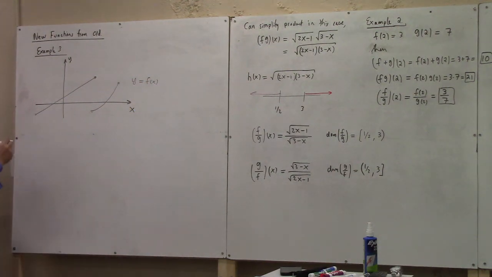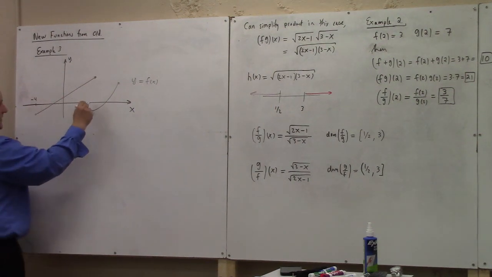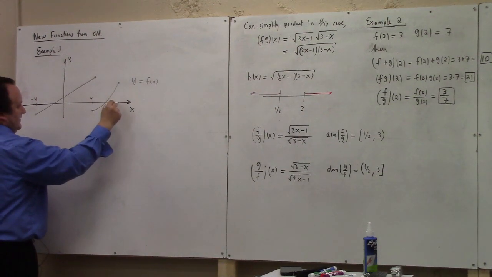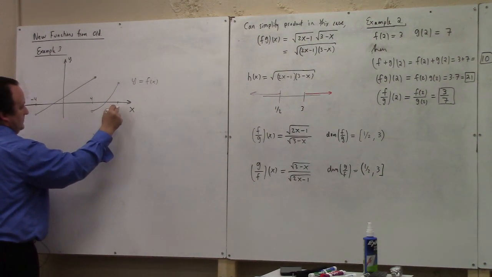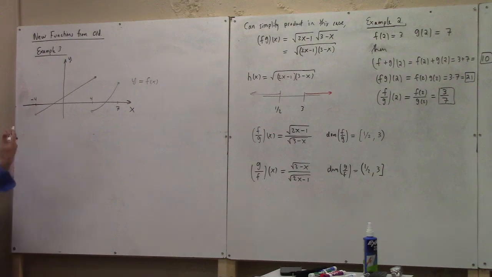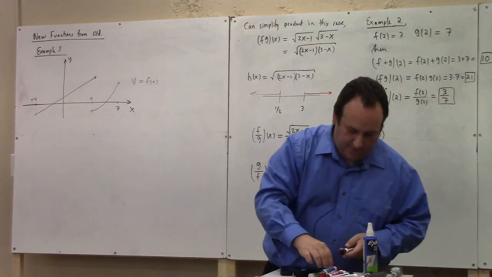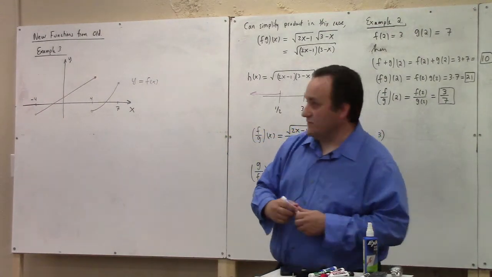All right, and I'll put some numbers in here just for the sake of discussion. Let's suppose that this over here is minus 4, and the break point over here is at 4, and I guess this will be over at 7. All right, so there's y equals f of x. And then let me give you the graph of y equals g of x.